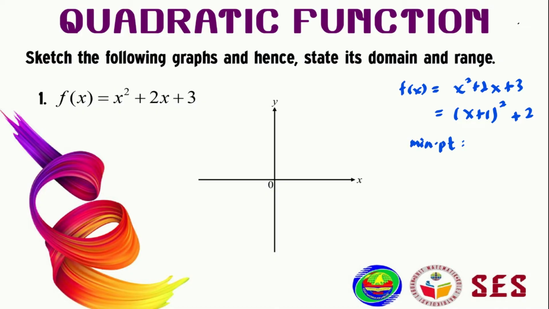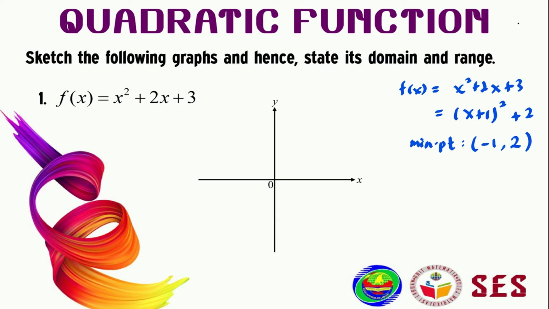For the minimum point, we look at x plus 1. Equate this to 0 and we get x equals negative 1, and the 2 here gives us the y coordinate of our minimum point. Therefore our minimum point is (negative 1, 2).